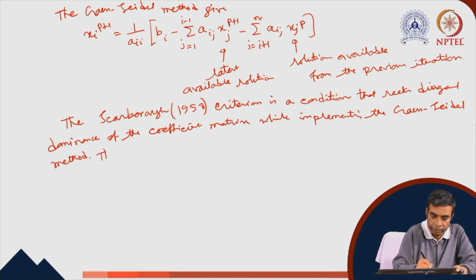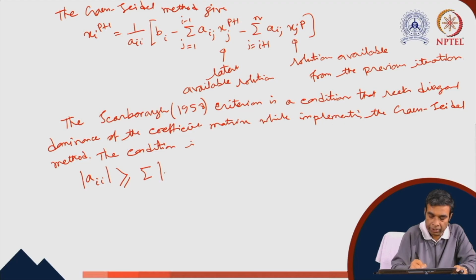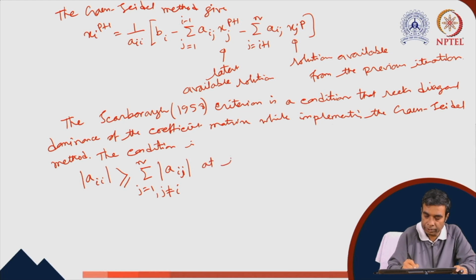The condition is: the absolute value of the diagonal term should be greater than or equal to the summation of the absolute values of the off diagonal terms, j equals 1 to n, j not equal to i, at least for one row.